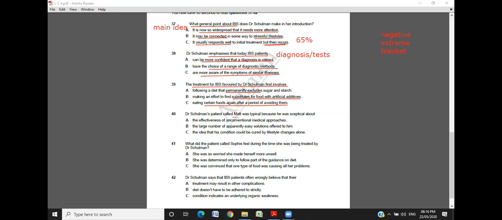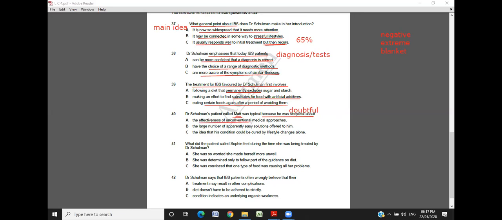Then here you have a presentation about a patient called Matt, and you have to find out what he was skeptical about. Any idea what the word skeptical means? Skeptical, doubtful. Okay, doubtful. What was he doubtful about? Again, I would pay attention to negative words: effectiveness of unconventional.